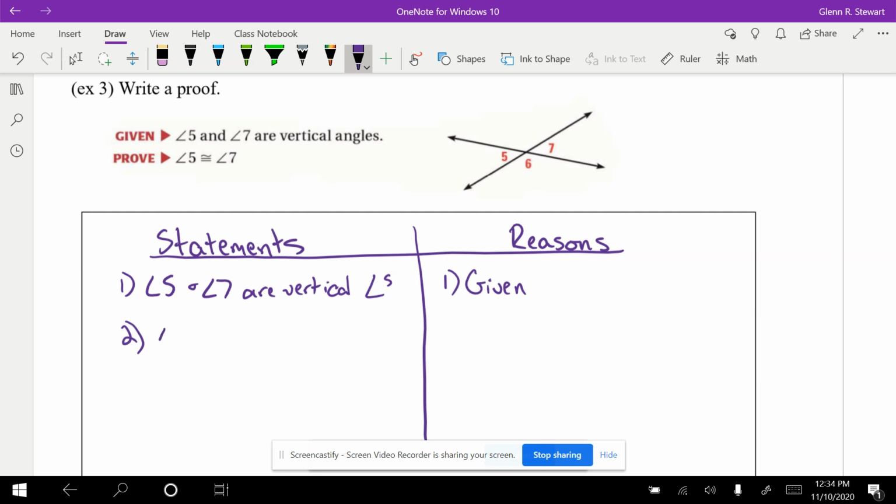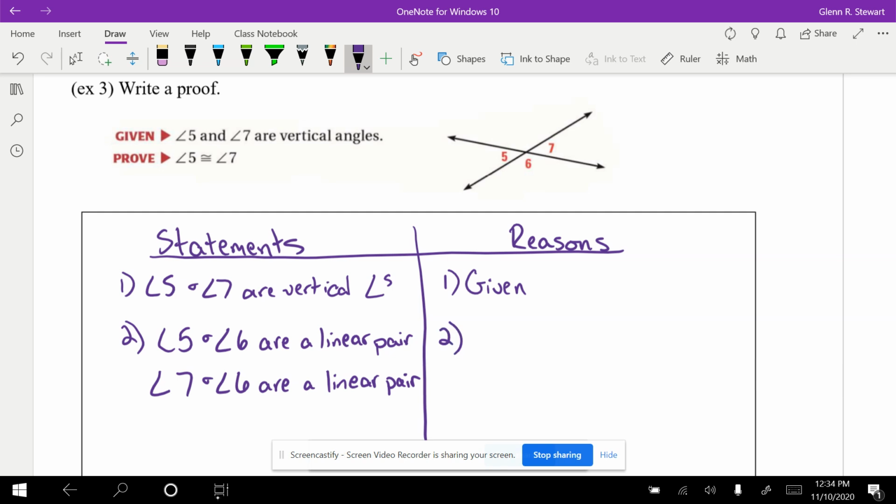So step 2: angle 5 and angle 6 are a linear pair, and angle 7 and angle 6 are a linear pair. Linear pair, remember, means that you have two angles that are adjacent to each other that equal 180 degrees.